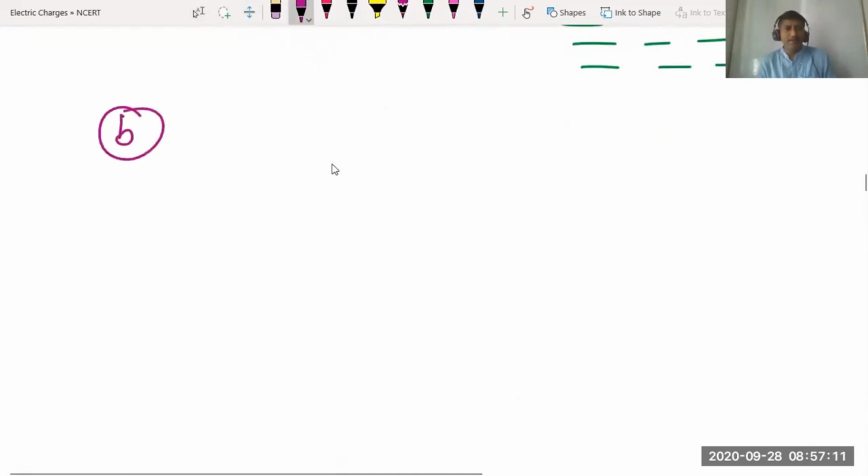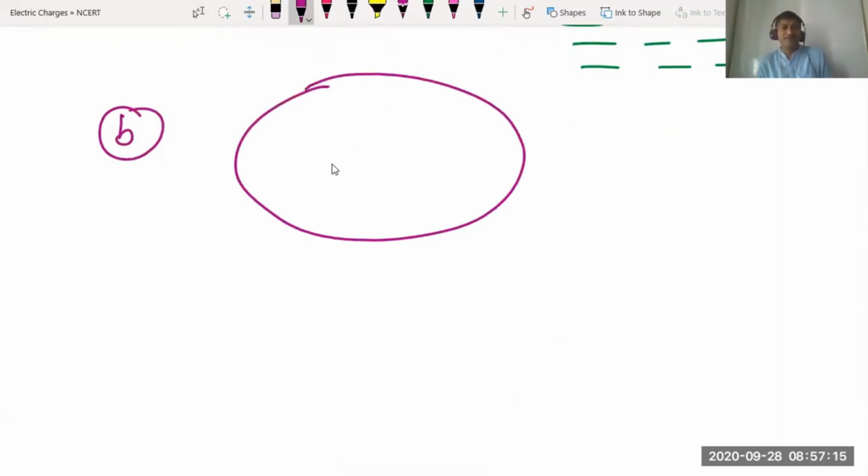For B, suppose you see here, this is one charged body. Say this is the Earth. It is a big source of electrical charges. Let me say it has a number of positive charges and a number of negative charges in it.